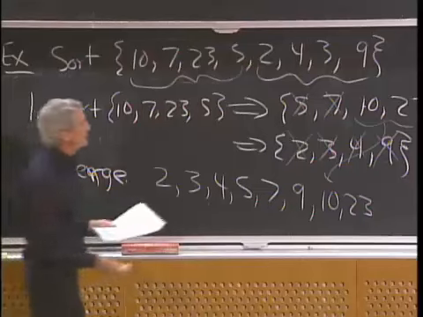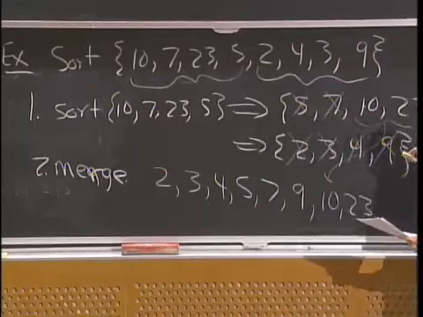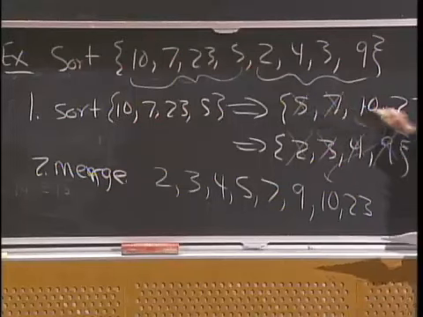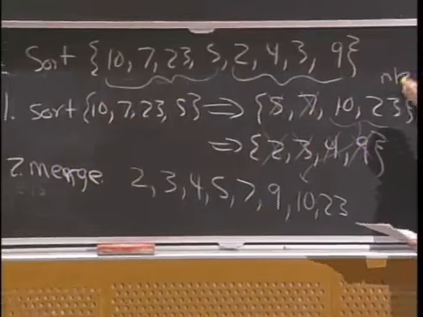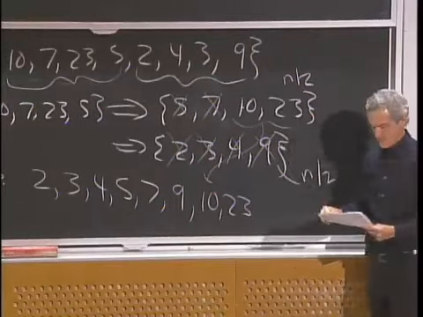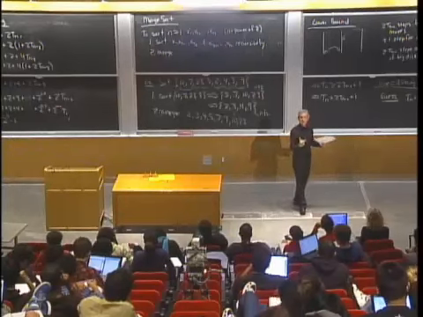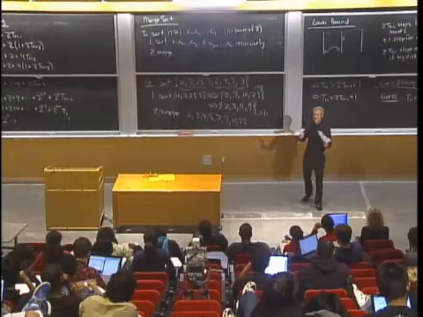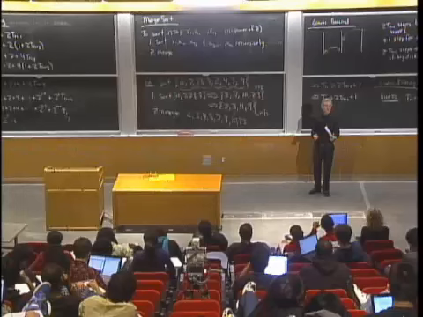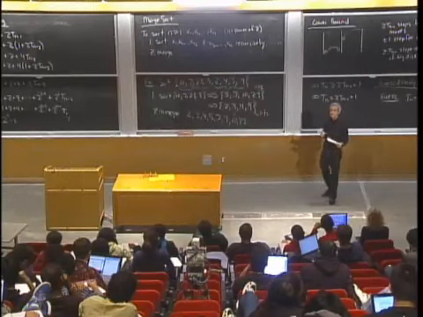Now, how many comparisons do I have to do in the worst case if this is n over 2 items here and this is n over 2 here? How many comparisons do I have to do to produce the n item sorted list after I have the sublists sorted? What is it? N, very close.